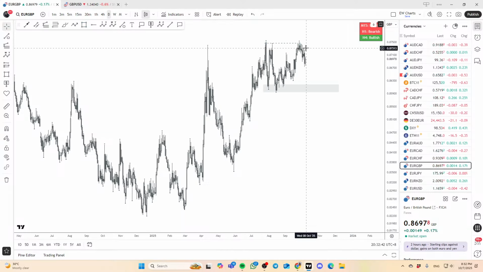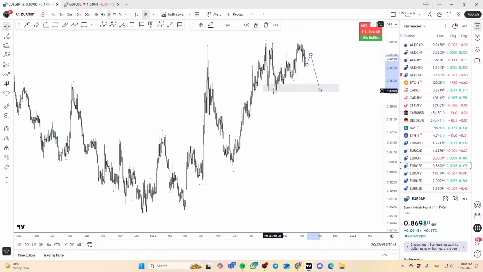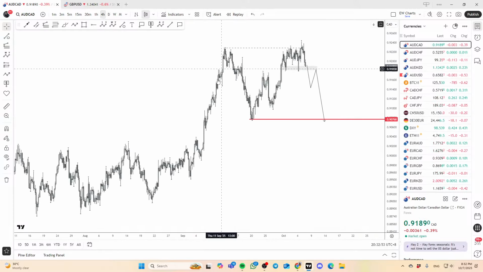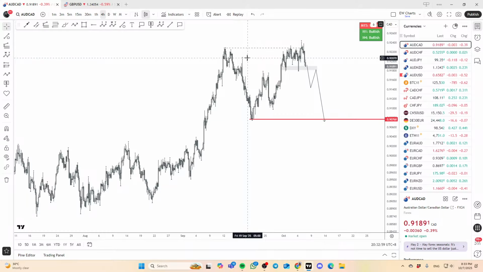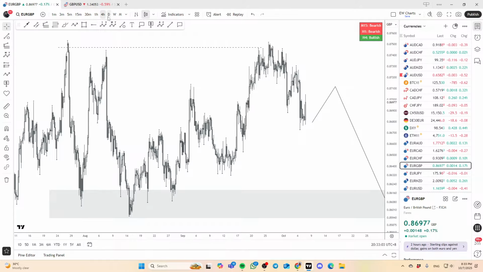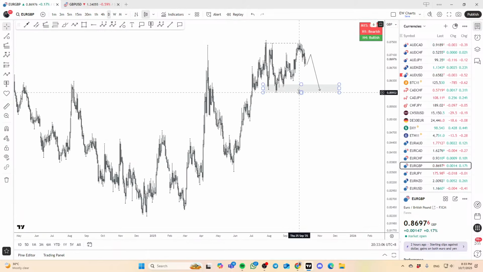Double top potentially. And then of course you can look out for a sell trade opportunity towards where that swing low is. Very, very similar to the Aussie Cat on the 4-hour structure. And you can see that similarity, right? Though different time frame, but kind of similar pattern structure here. Okay, so that's my take on Euro Pound. The key area is somewhere around 86.05, right? 86.05.